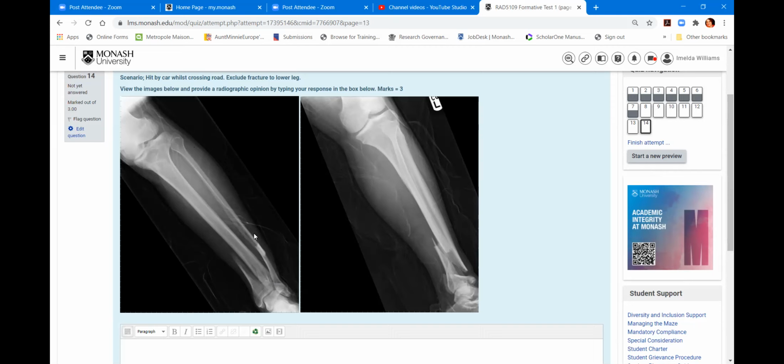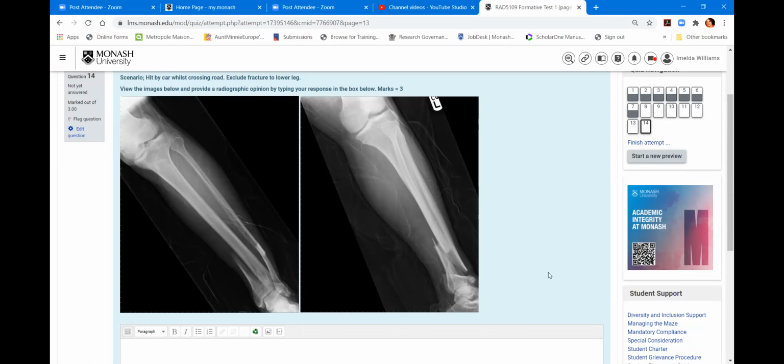However, we can see that there are significant fractures, and if we just look at the tibia, we have a displaced spiral fracture of the distal tibia, and this fracture line, if we look on the lateral view, actually runs into the joint. And then there's also a fracture of the distal third of the fibula as well.